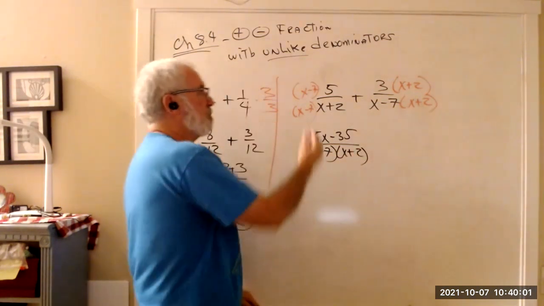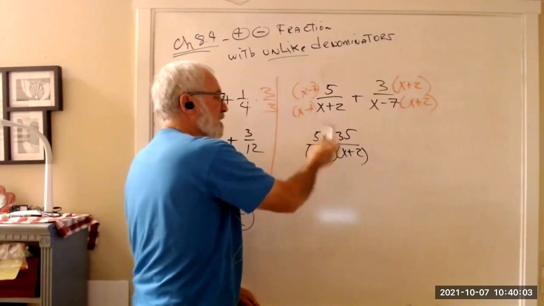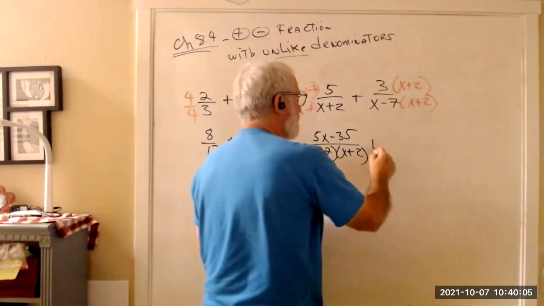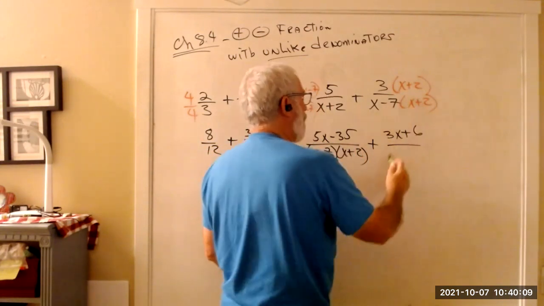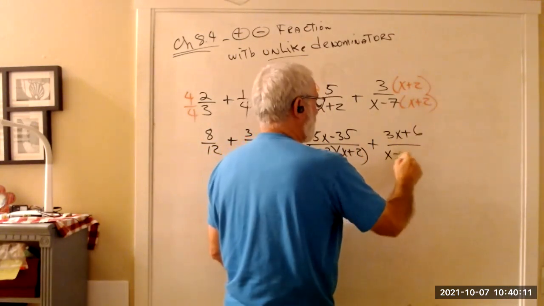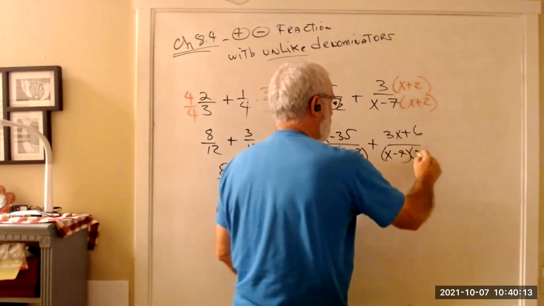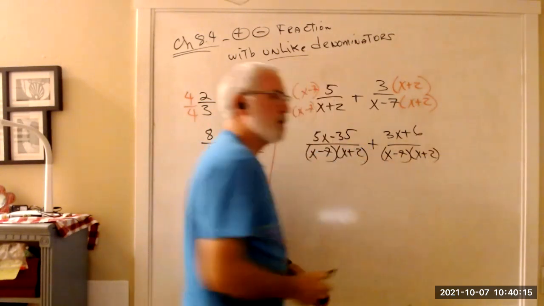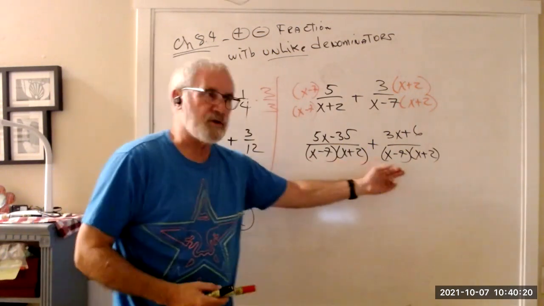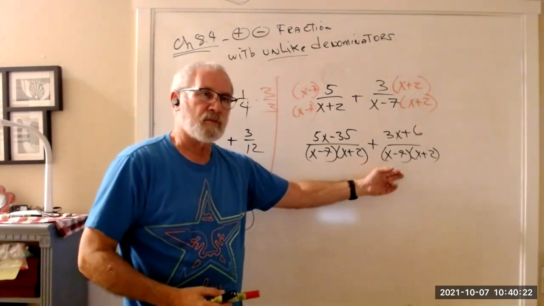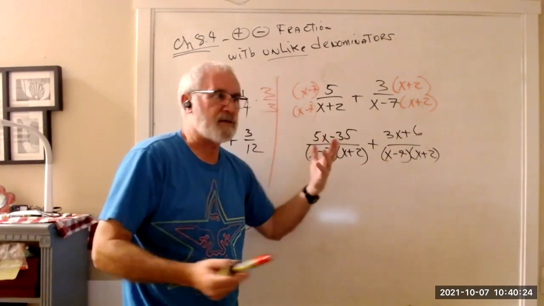Remember how we said you multiply out the numerator, but you leave the denominator factored? Plus, this becomes 3x plus 6 over the same thing, x minus 7, x plus 2. So check it out. Now the two denominators are the same. How did I get them the same?